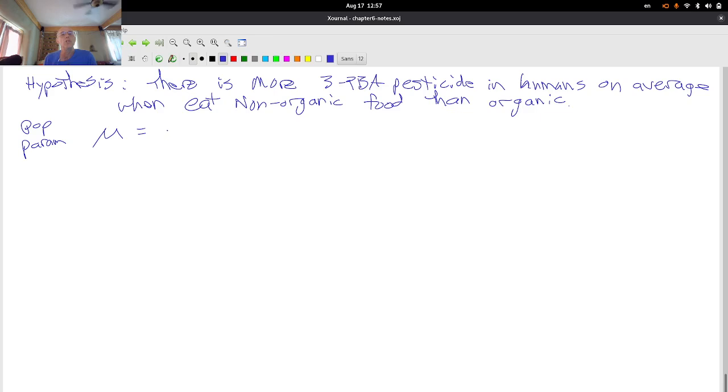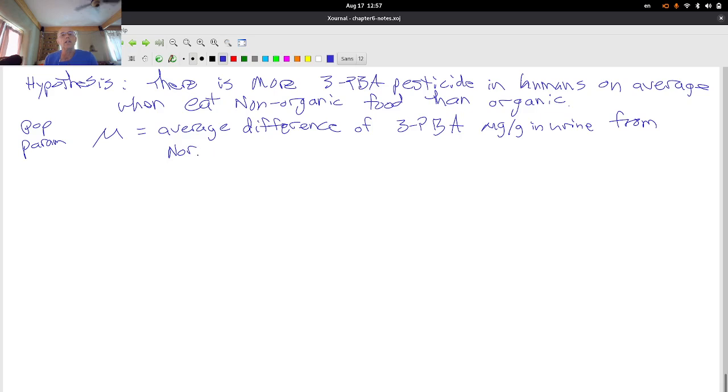Mu is going to be the average difference of 3-PBA micrograms per gram in urine from non-organic diet minus organic diet.